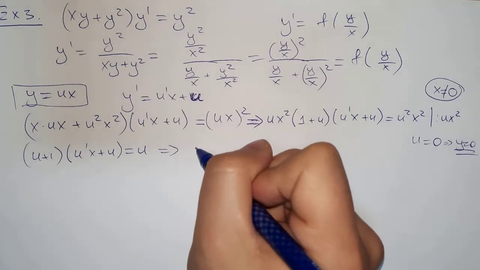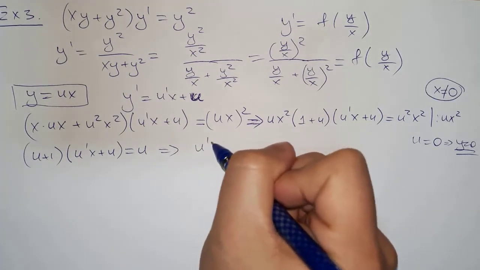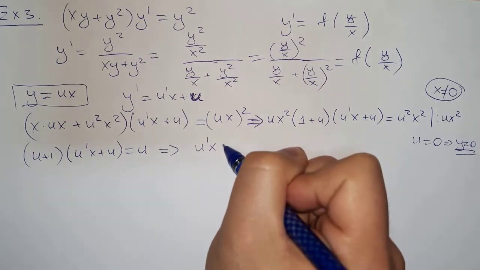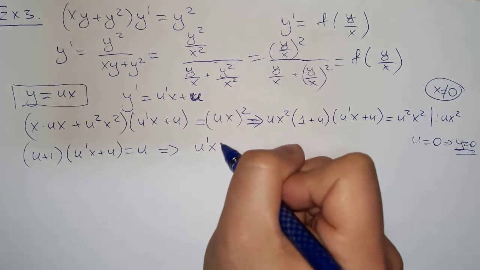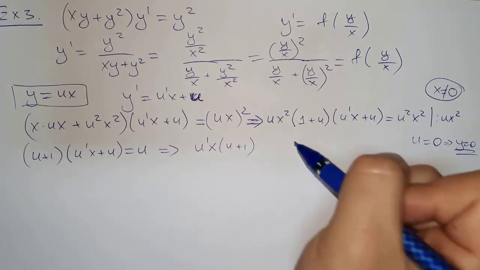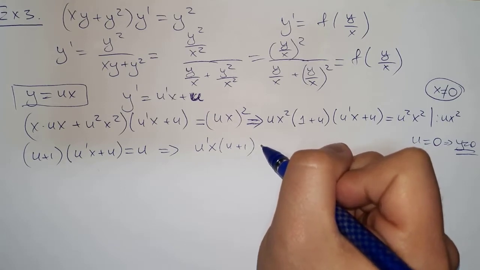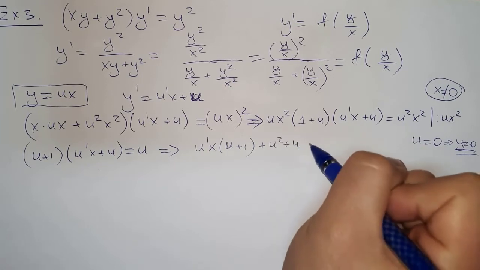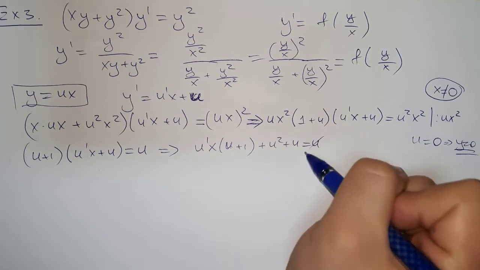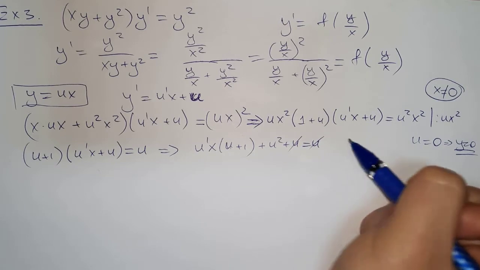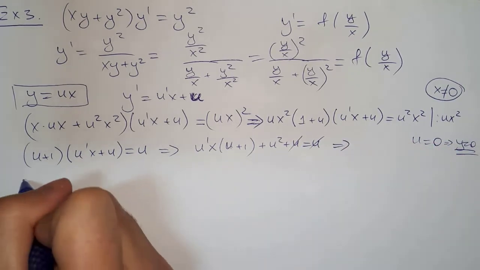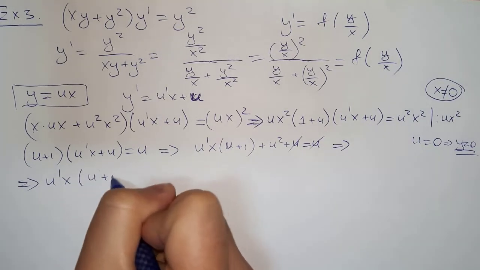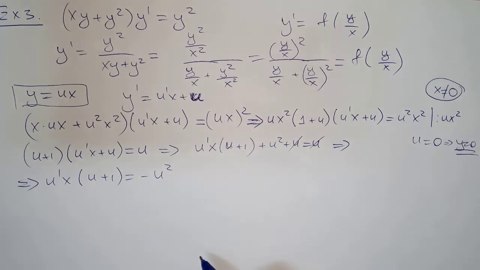If you open the brackets, we have u prime x times u plus 1, and here we have plus u squared plus u, and minus u. They cancel, and we get the following: u prime x times u plus 1 equals minus u squared.